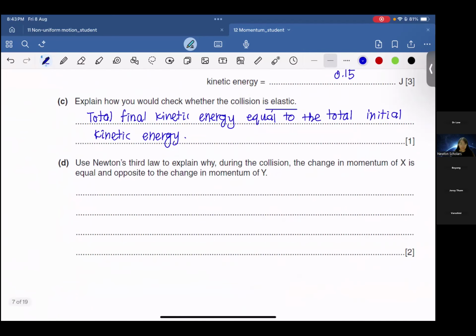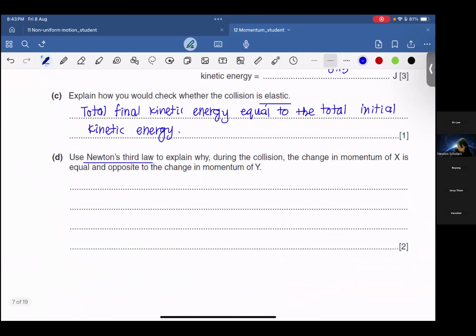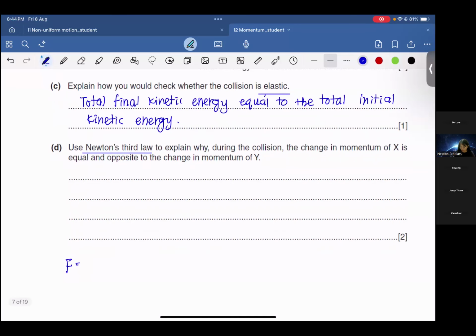Okay, next. Now it's about Newton's third law. It asks you to use Newton's third law to explain why, during the collision, the change in momentum of x is equal and opposite to the change in momentum of y. Okay, so Newton's third law is talking about the force acting on two objects. They must have the same magnitude but opposite direction. So it's talking about the force. Force related to momentum is (mv minus mu) over t.